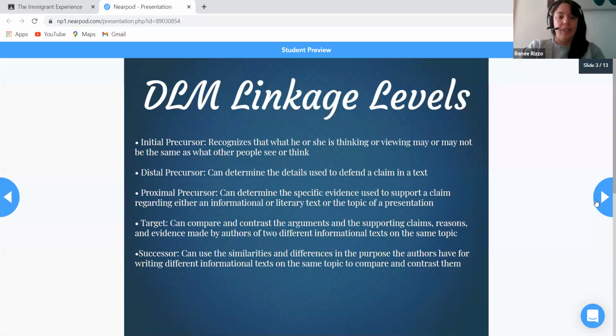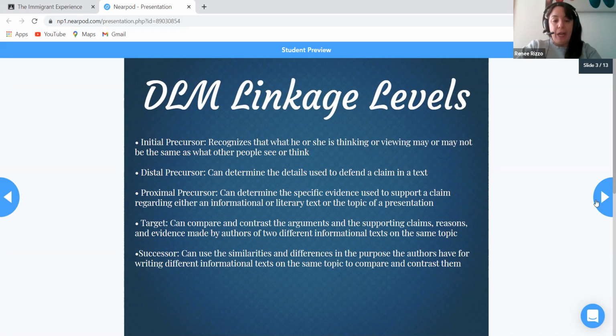DLM linkage levels. Initial precursor recognizes that what he or she is thinking or viewing may or may not be the same as what other people see or think. Distal precursor can determine the details used to defend a claim in a text. Proximal precursor can determine the specific evidence used to support a claim regarding either an informational or literary text or the topic of a presentation.